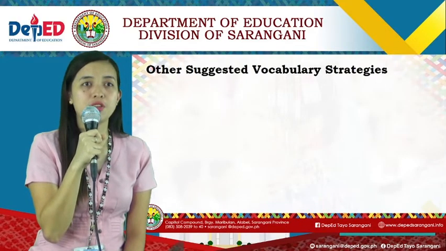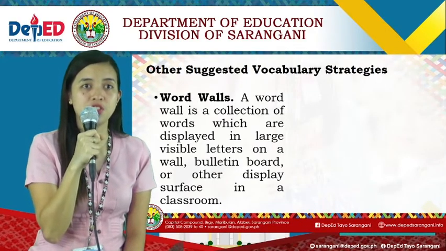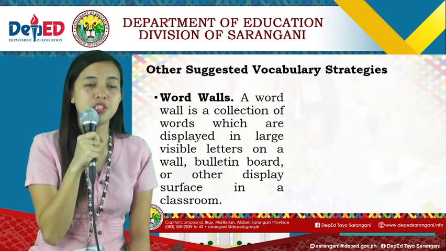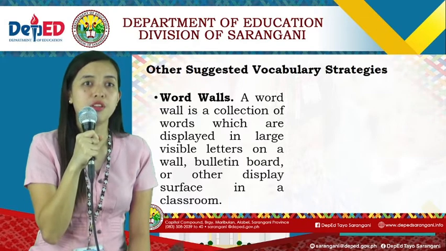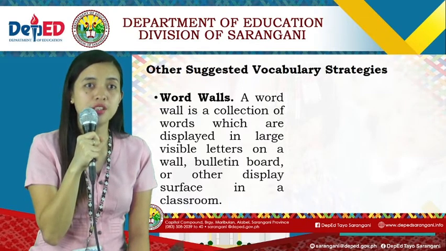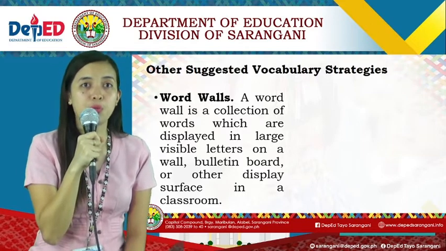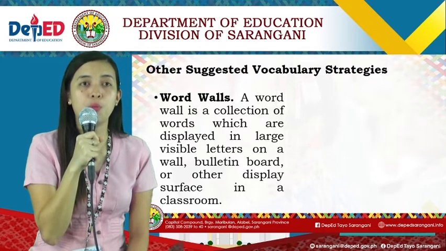So we have other suggested vocabulary strategies. We are done with the text talk, the synonyms and antonyms, the prefix, suffix, or the word parts, and the last is the graphic organizer. These are also important strategies that we can make use of, especially since some of our schools are already implementing this read at home program.